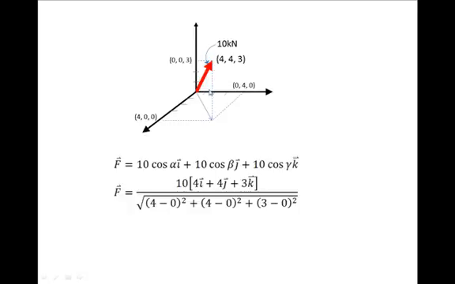Then this force can be expressed as 10 cos alpha i plus 10 cos beta j plus 10 cos gamma k, where i, j, k are unit vectors along x, y, z axis, or in terms of these coordinates, it will be 10 into this vector 4i plus 4j plus 3k divided by the magnitude of this vector, that is under root of 4 minus 0 square plus 4 minus 0 square plus 3 minus 0 square. So if angles are known, this is the way to express. If coordinates are known, this is the way to express the vector.